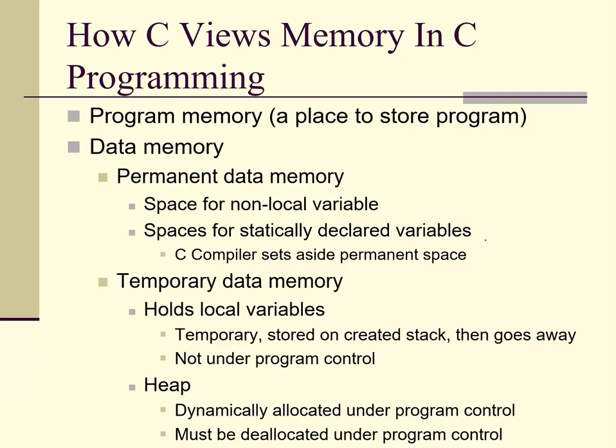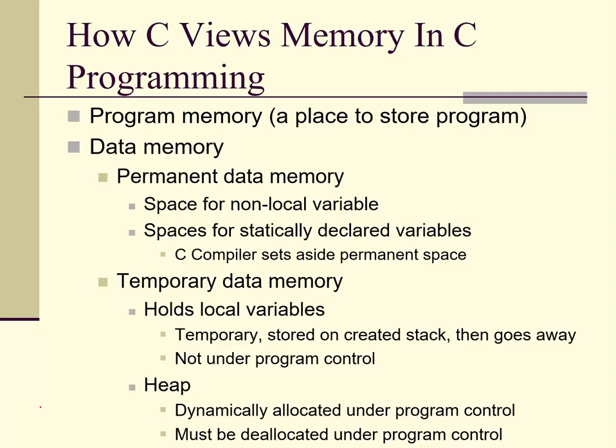It saves the spot for them, and that spot does not go away. I can also declare variables as static, and static variables, as you'll see, are permanent as well.